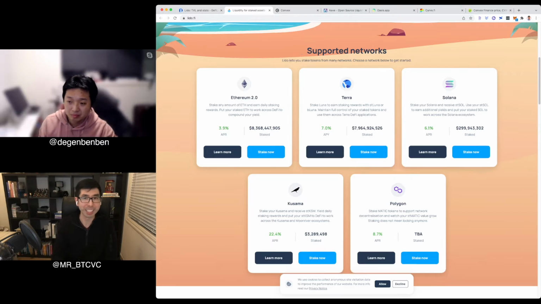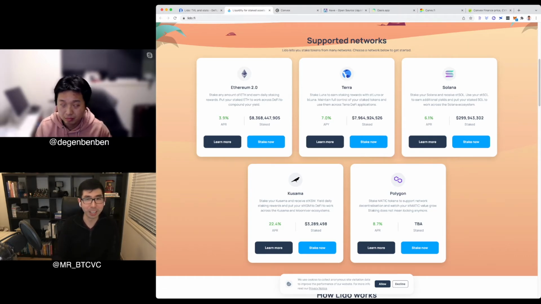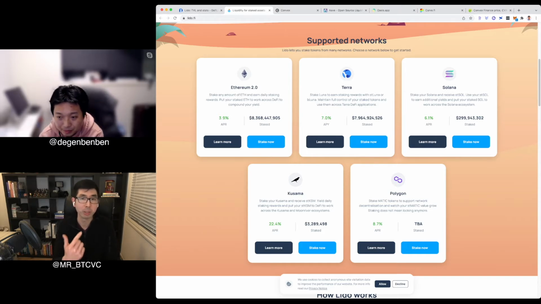I don't know if you've done any staking with Luna or Solana, Polygon. Well, I was looking into Anchor, but I guess that's not really the staking you're talking about. Now, the reason why there's a market for liquid staking is because when you stake a token, let's take Terra for a moment, when you stake your Luna and you want to unstake it, you have to wait.